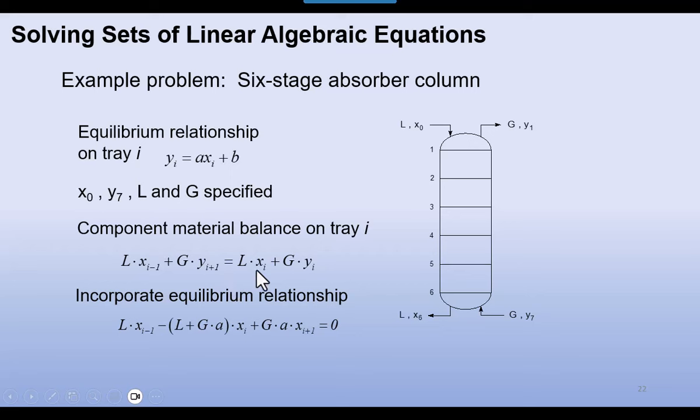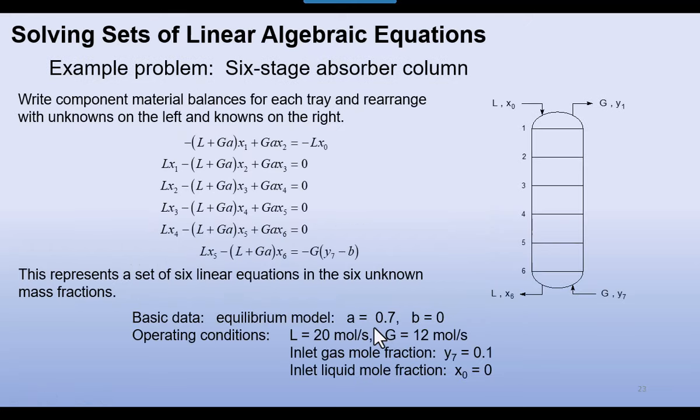And then we can get rid of the y's here by incorporating our equilibrium relationship, and we end up with an equation for each tray, which involves the liquid X on the tray above, on the tray, and on the tray below. And so we've got that for each of our stages.